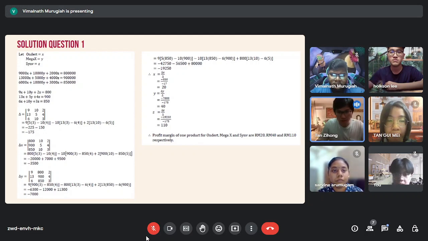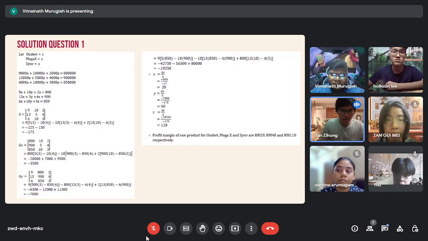In order to find the x product, we use determinant x divided by the determinant. So it's negative 3,500 divided by negative 175 equals 20. For the y product, it is determinant y divided by the determinant. Negative 7,000 divided by negative 175, we get 40.